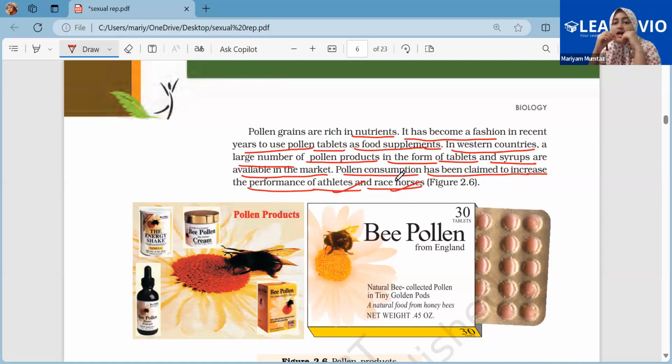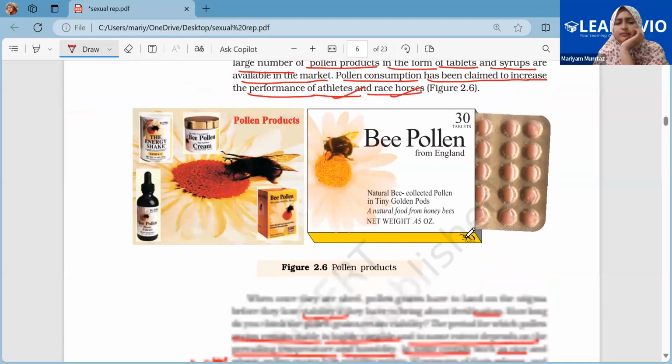So pollen grains are many a time consumed by people to get enhanced energy or better performance. Pollen tablets and pollen syrups are available in the market, and are used by athletes and racehorses to enhance their performance. Clear? Got it, it is used like a supplement.